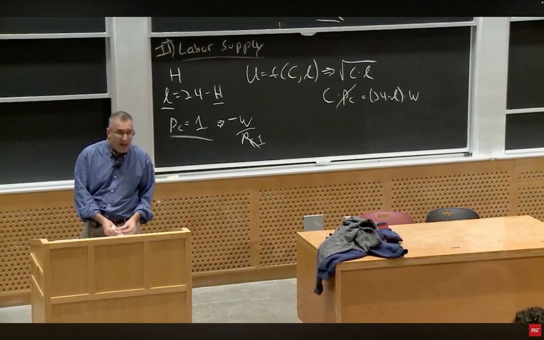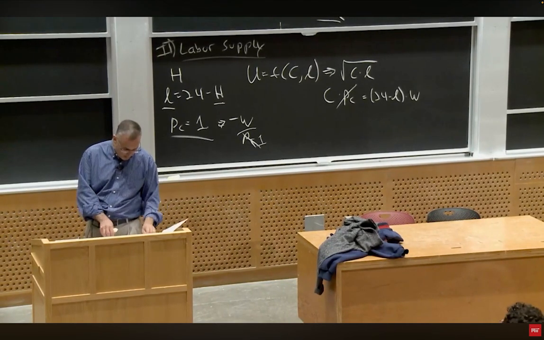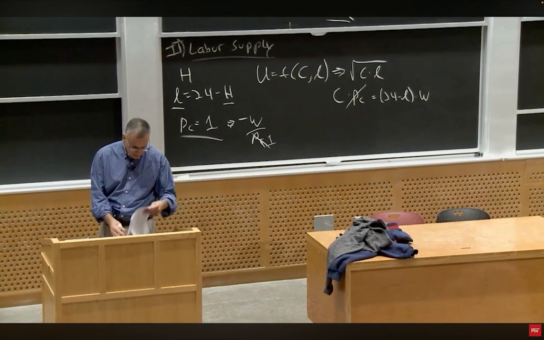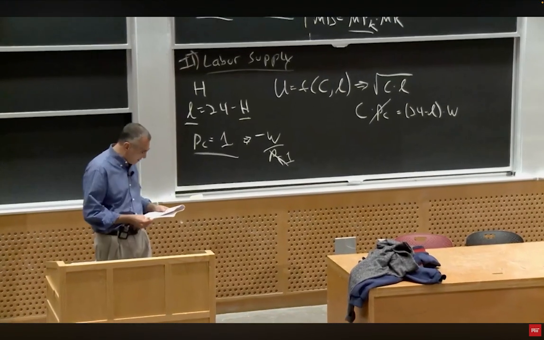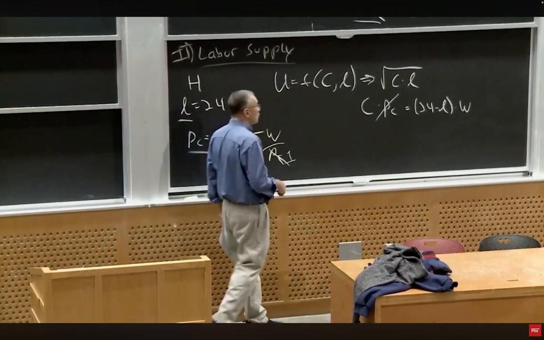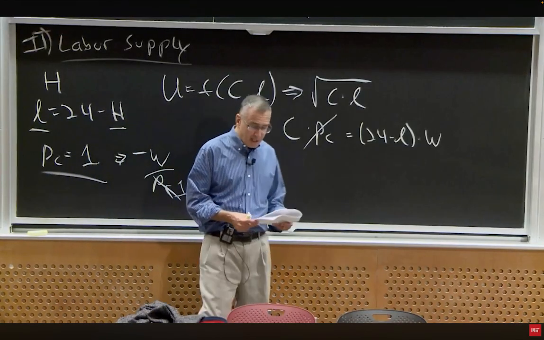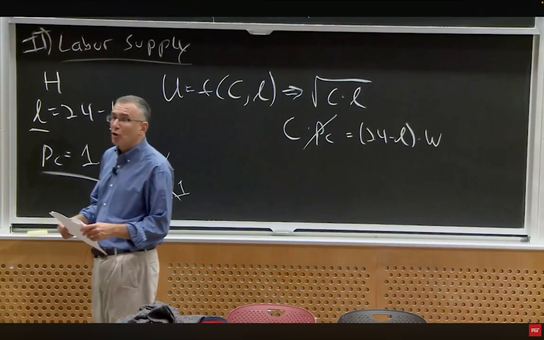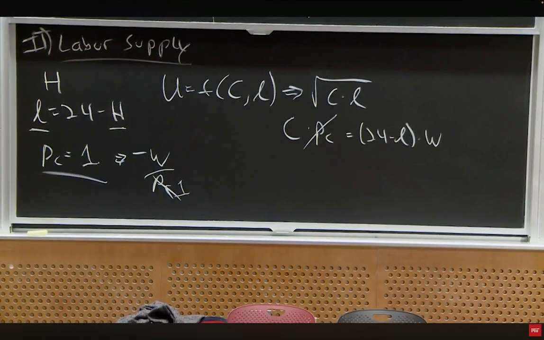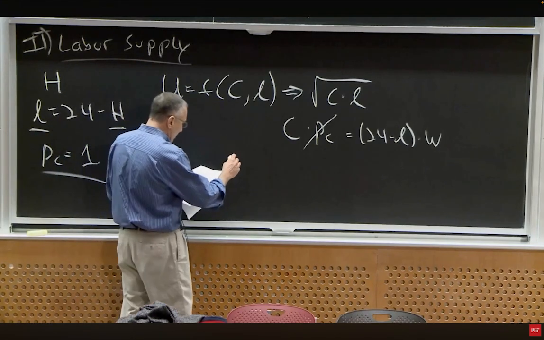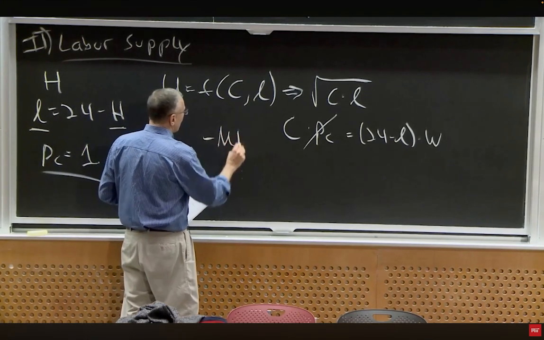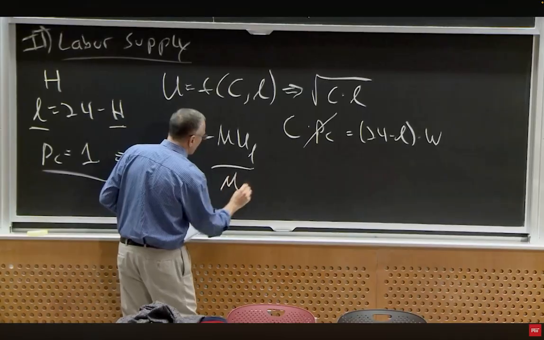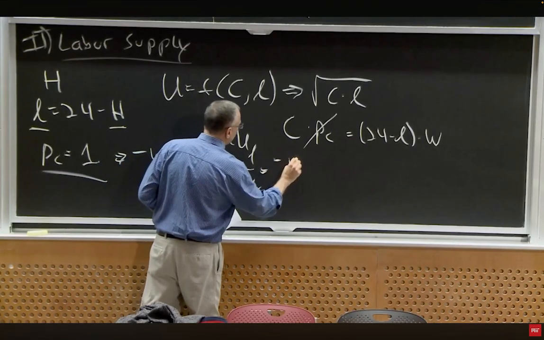Okay? We know how to optimize, we know how to solve this consumer optimization problem, which is we know that to optimize, you want to set the marginal utility, the ratio of marginal utilities, equal to the ratio of prices, or the slope of the budget constraint. So you want to set minus the marginal utility of leisure over the marginal utility of consumption equal to minus the wage.